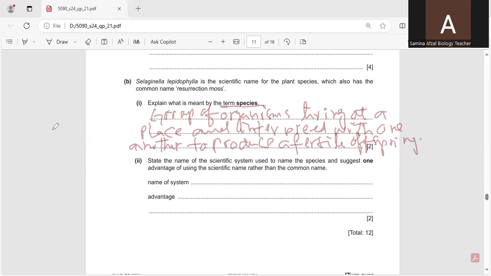Next question, state the name of the scientific system used to name the species and suggest one advantage of using the scientific name rather than the common name.